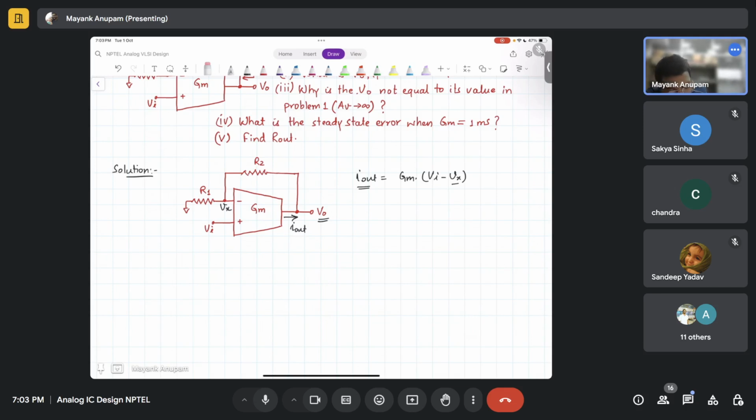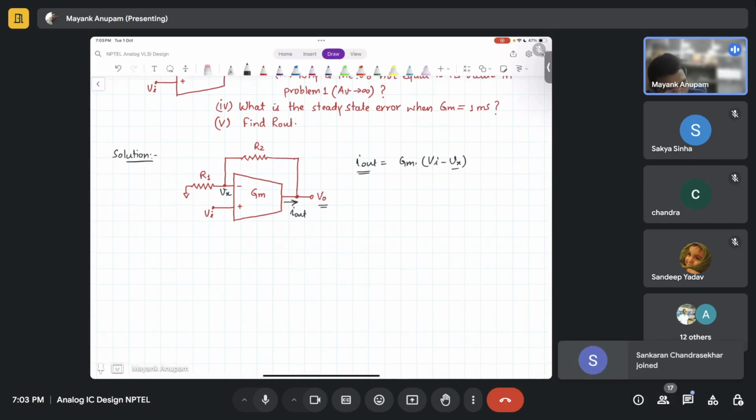What will be V0 in terms of I out? Okay, I am writing an equation. Tell me whether it is correct or not. I am saying that V0 is equal to I out times R1 plus R2. Is this correct?